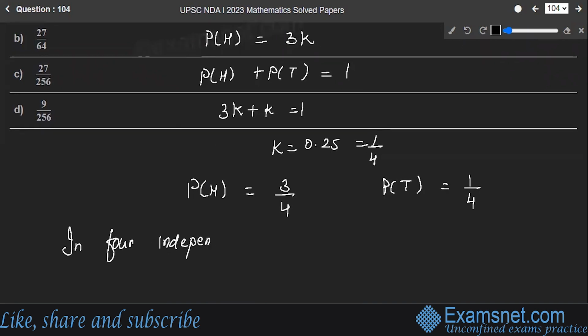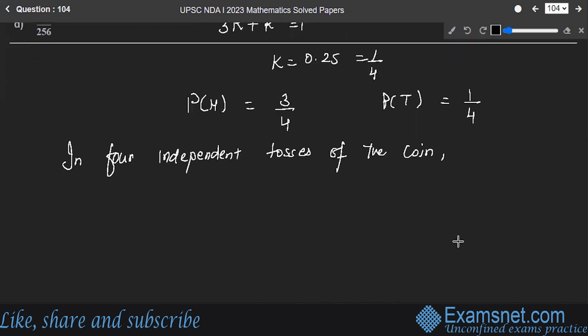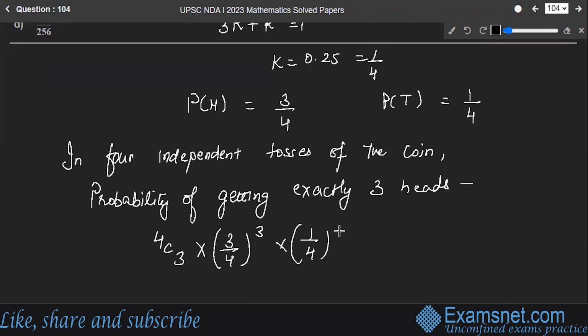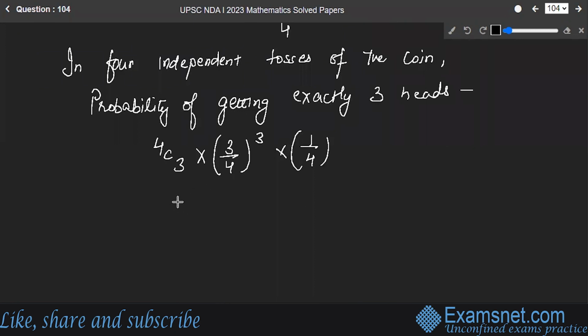The probability of getting exactly 3 heads is 4C3 into (3 by 4) cubed into (1 by 4), which will be 4 multiplied by 27 by 64 into 1 by 4.